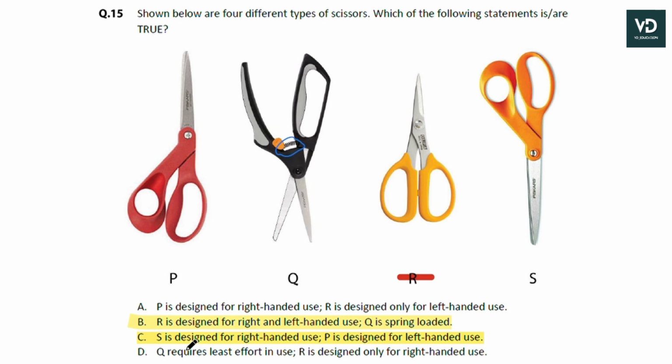And S is designed for right-handed use. As we can see, the thumb will be in the upper part here. That is for the right-handed, and P is designed for left-handed use only. Like this kind of scissors we generally use in our daily life, as our thumb will be at this part. Okay.